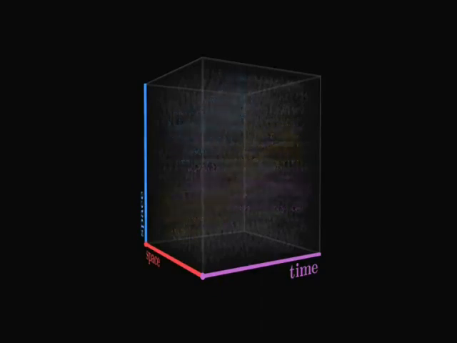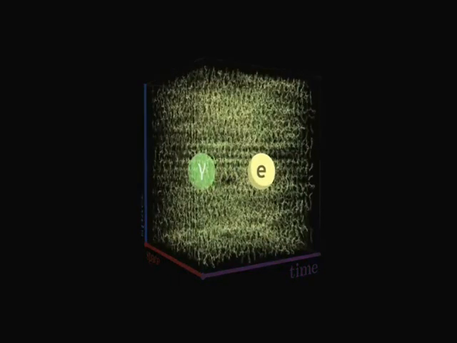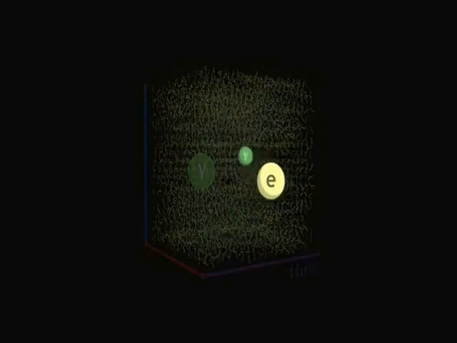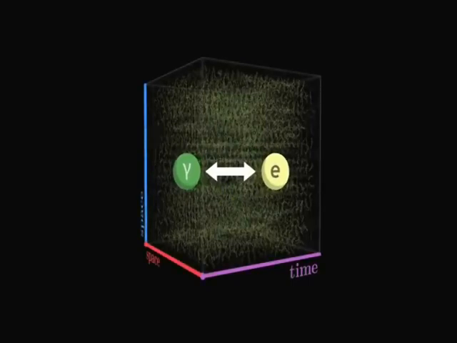To understand, let's focus on one of the simplest interactions between the photon field and the electron field. We will allow an electron to emit or absorb a virtual photon, and vice versa. Allowing only this simple interaction will have drastic consequences.